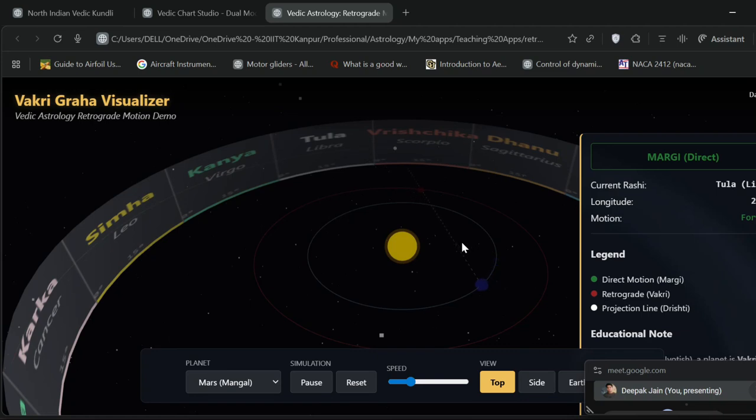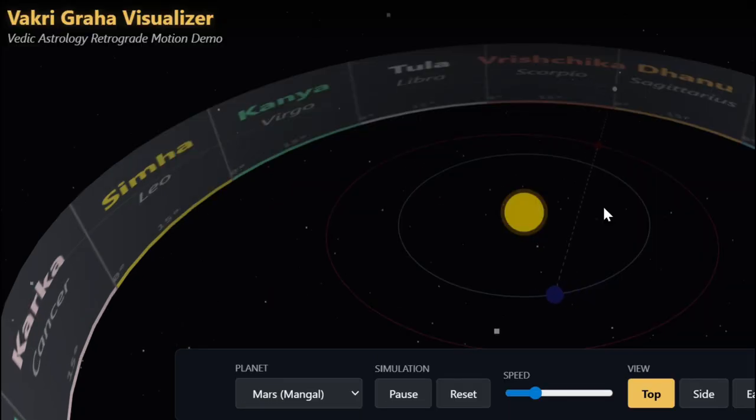It stops for a moment, starts moving backward, stops again, and again starts moving forward in the clockwise direction.